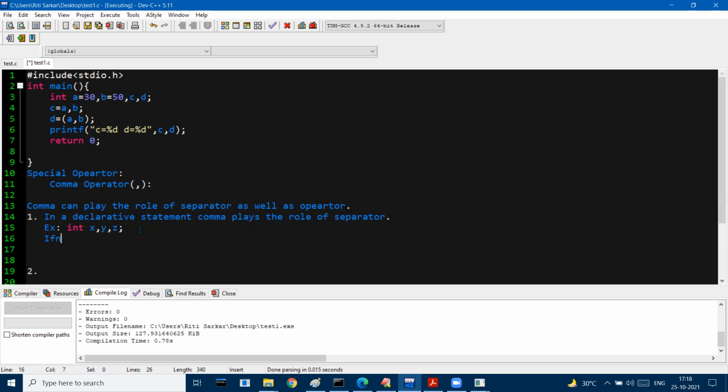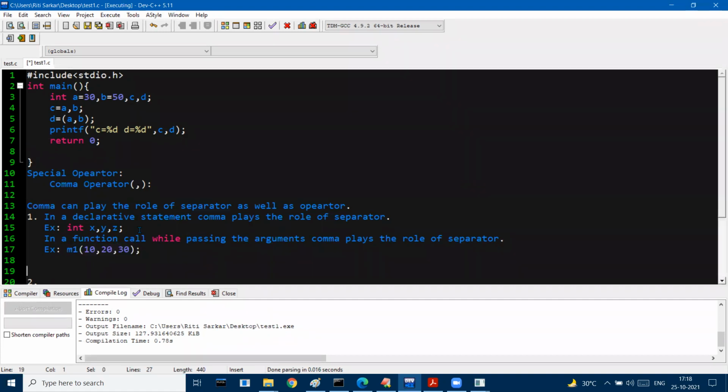Other than this, in a function call, while passing the arguments, comma plays the role of separator. Example, suppose you are calling a function m1 and you are sending the arguments 10, 20, 30.